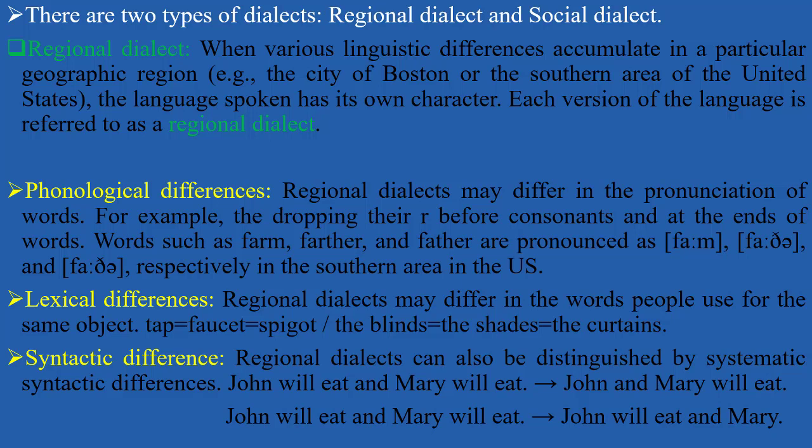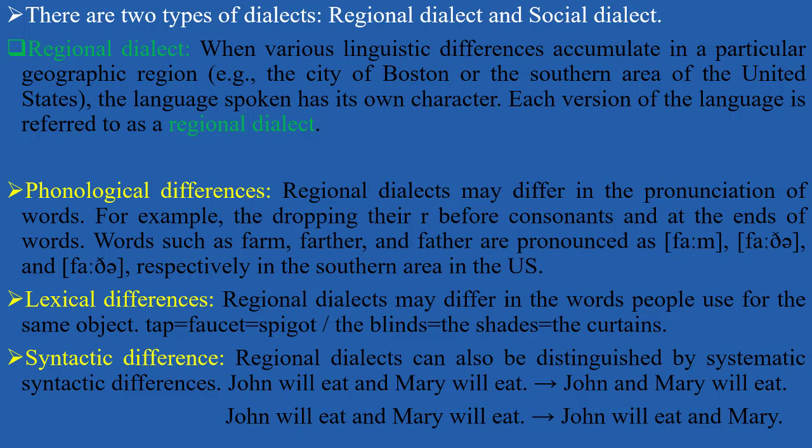So these are the phonological differences. Some regional dialects drop R whenever the R occurs before a consonant or at the end of a word. Another difference is lexical.